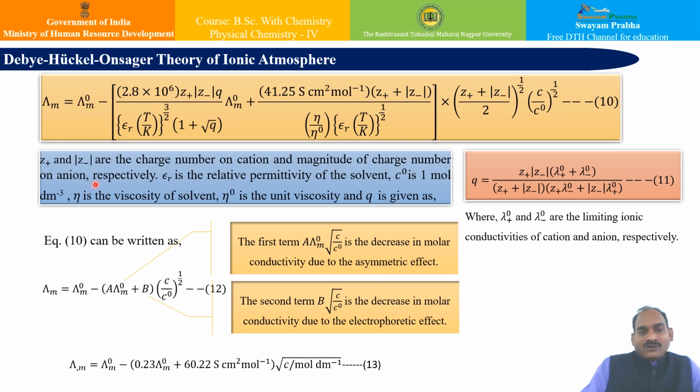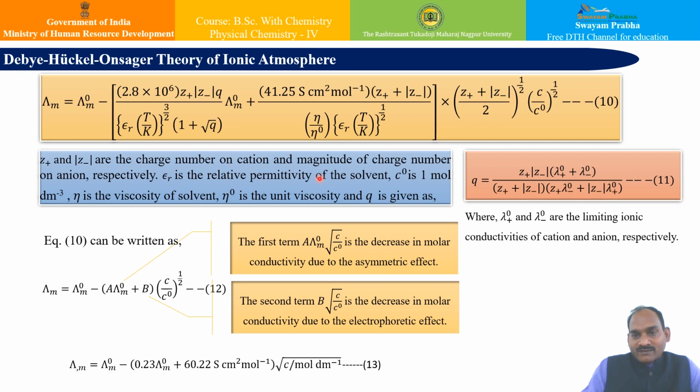Now Z plus and Z minus are the charge number on the cation and the magnitude of the charge number on the anion respectively, and epsilon r, which is shown over here, is the relative permittivity of the solvent. C0 is 1 mole per dm cube, the unit concentration, and eta is the viscosity of the solvent, and eta 0 is the unit viscosity of this particular solvent, and Q is given by this particular formula.